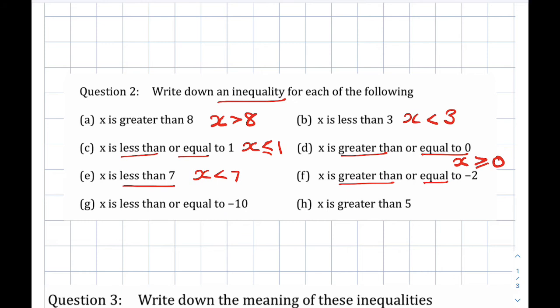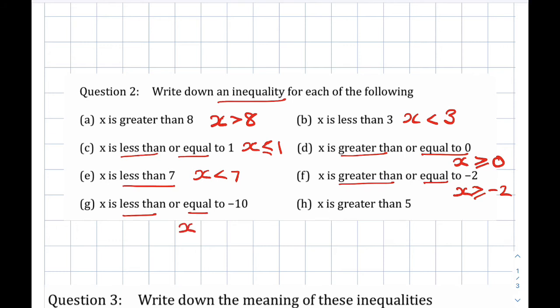Question F, x is greater than or equal to minus 2. So x is greater than or equal to a negative 2. We're looking at values negative 2, negative 1, 0, 1, 2, 3, and so on. G, where x is less than or equal to a negative 10.